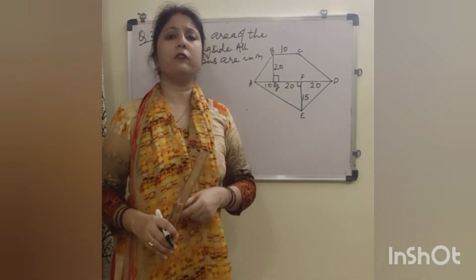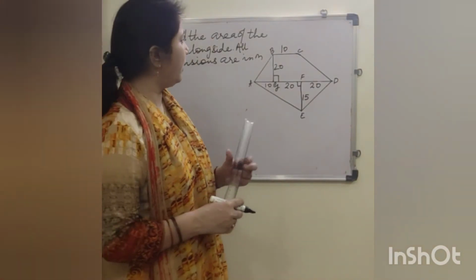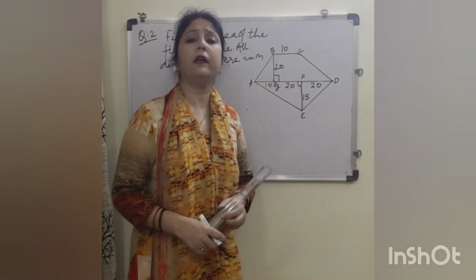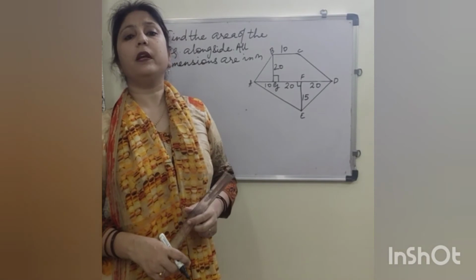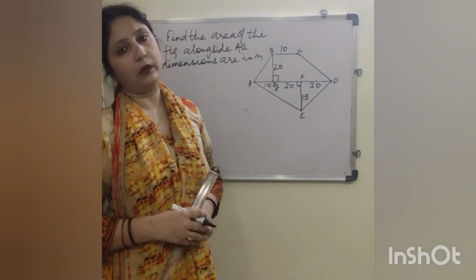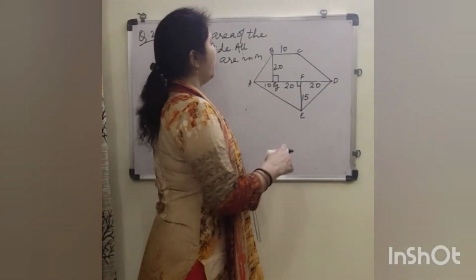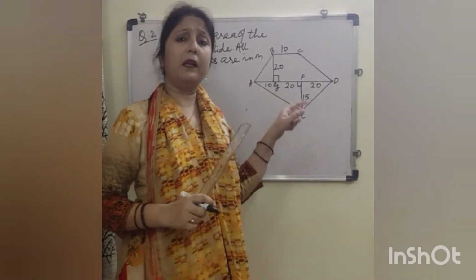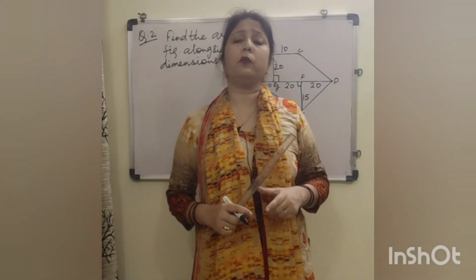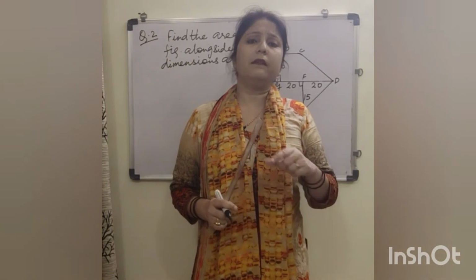Children, another question: calculate the area of the figure given alongside. This is the figure, the field whose area you have to calculate. Now, don't think that it is similar to the previous one where you divide it into 5. It is a little bit different.